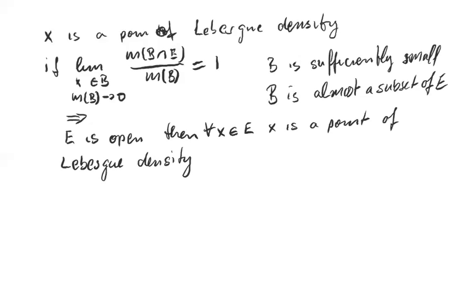This is because if x is in E and E is an open set, then there exists a ball about x which is entirely contained in E. That means the measure of B intersected E is the same as the measure of B, and so the ratio is 1 without even going to a limit.